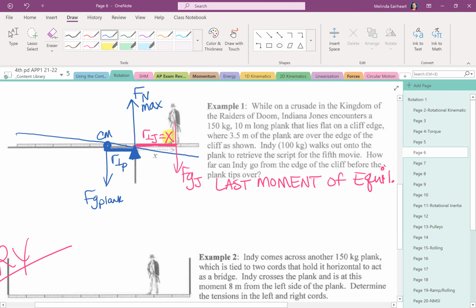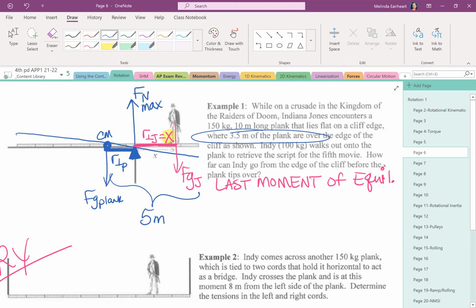Oh, to get those numbers, what do we got to do? Well, let's see. It's 10 meters long, so center of mass is at the 5 meter mark. And you know that 5 meters is on the right side as well. Oh, we needed to read one more thing. It says 3.5 meters of the plank hangs off the edge of the cliff. That doesn't mean X equals 3.5.